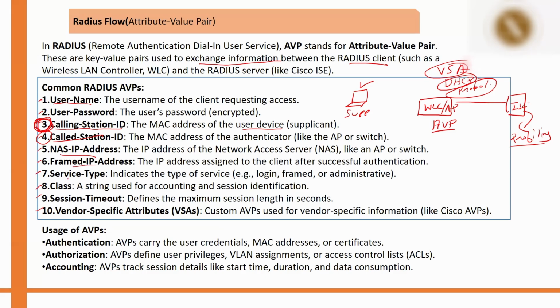Then framed IP address, service type, class, vendor specific information. Suppose a particular vendor like Cisco or Juniper wants to send some information about that particular device, they can put it in the vendor specific attributes. But I think this is not in order, I guess.